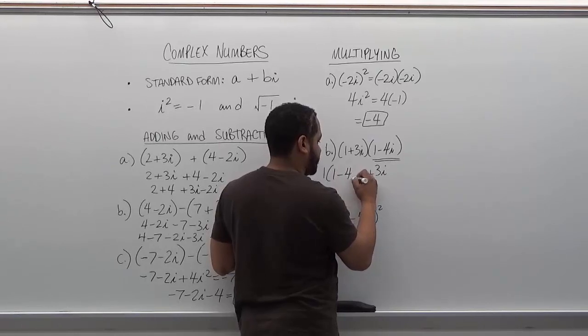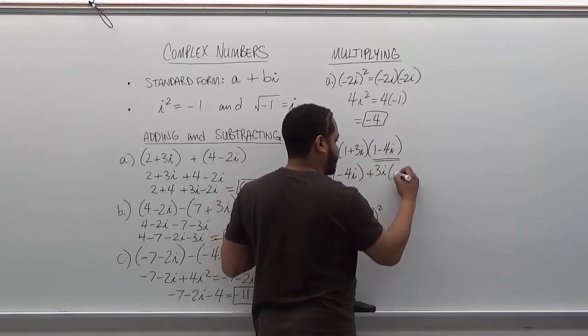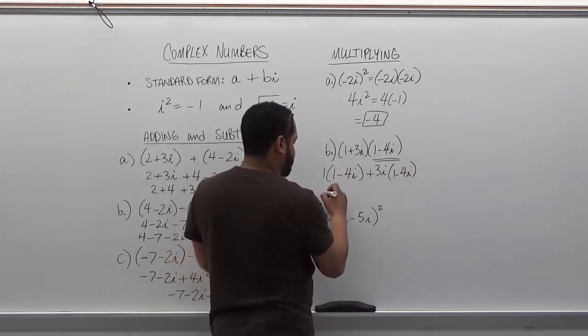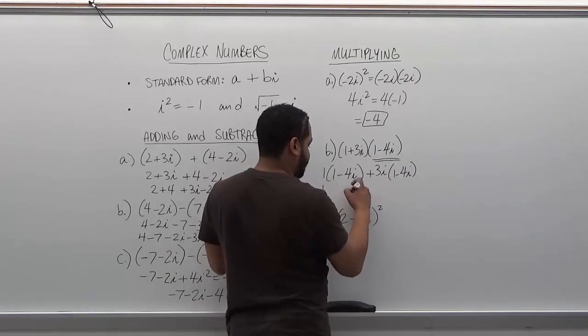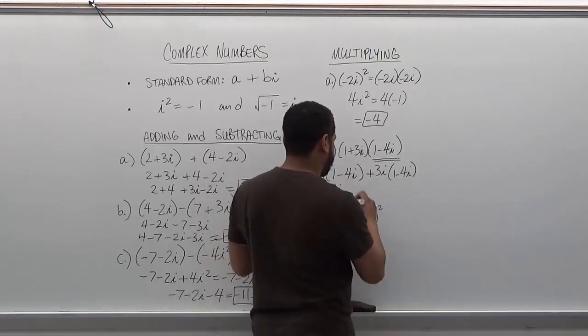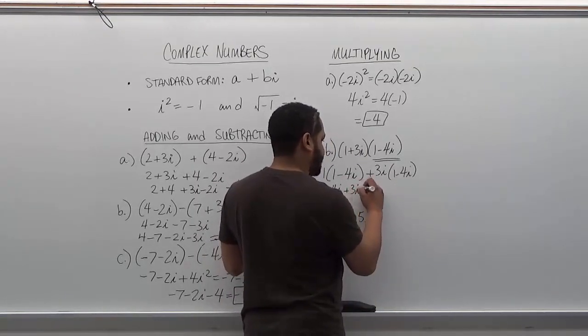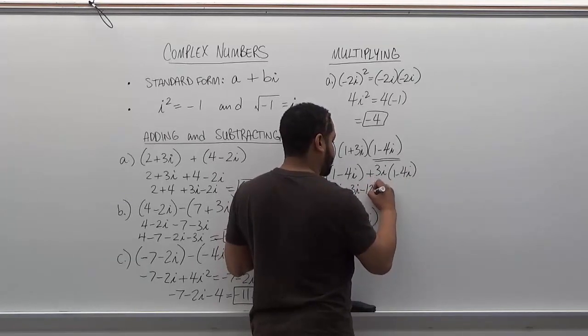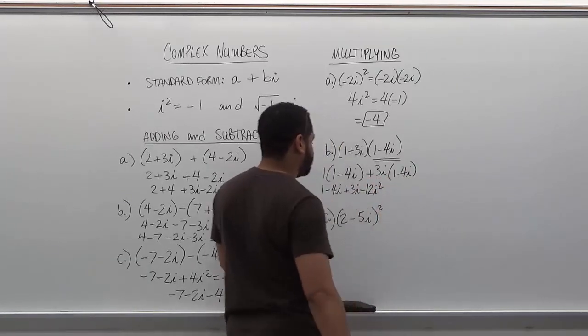So here I have 1 minus 4i, and here I have 1 minus 4i. And here I'm going to have 1 times 1 is 1. 1 times -4i is -4i. Then I have 3i times 1, positive 3i. Positive 3i times -4i is -12i squared.